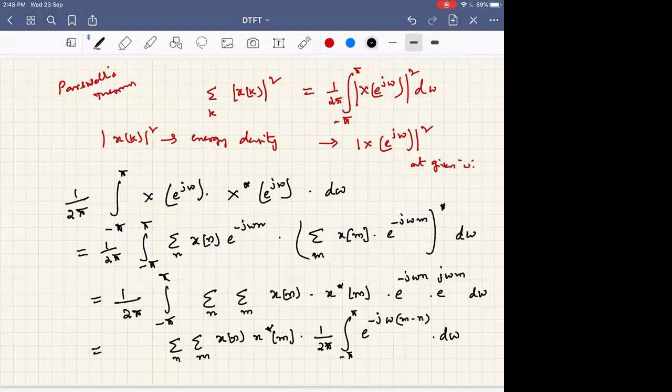What is its answer? What is this integral? I need quick answers from your side.